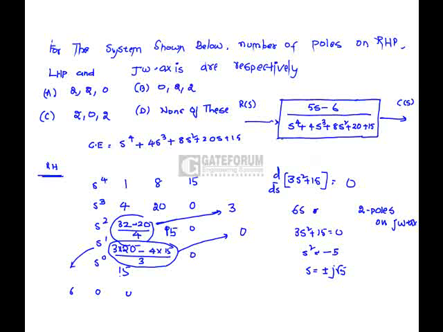The order of the equation is 4, means there must be 4 poles. Out of the 4 poles, there are no poles on the RHP and 2 poles on the j omega axis, means 0, 2, 2. Hence option B is correct.